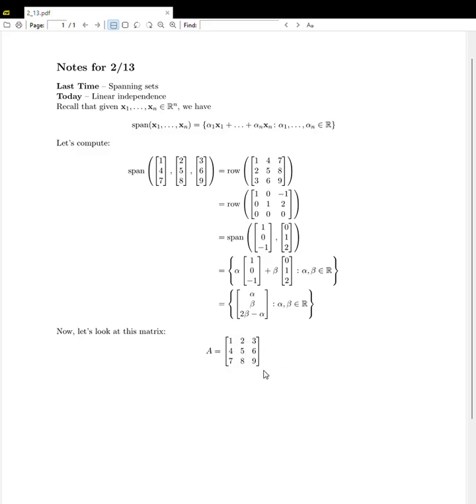This matrix right here, we already kind of know something about. Not only are we going to look at this matrix, let's go ahead and compute its null space.